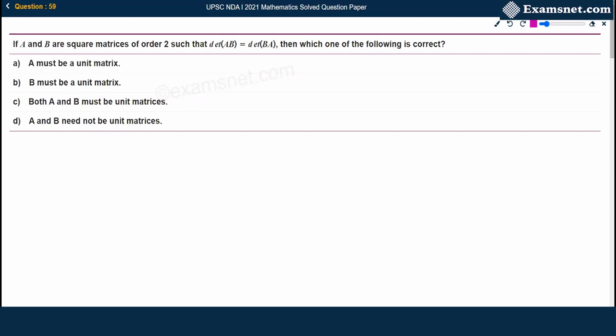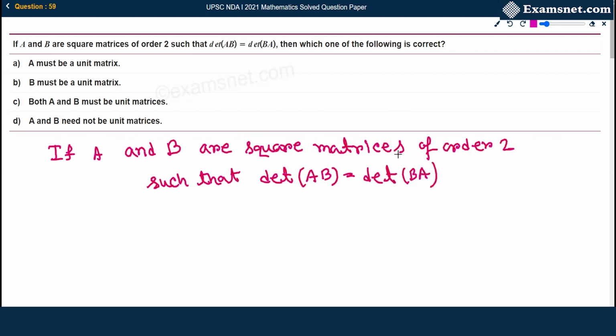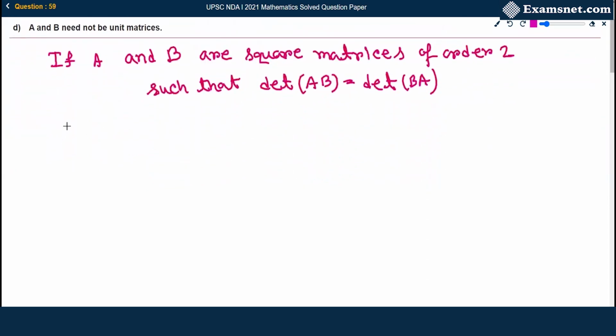So first of all, if A and B are square matrices of order 2, such that determinant of AB equals determinant of BA, it's only possible when A and B must be the unit matrix.